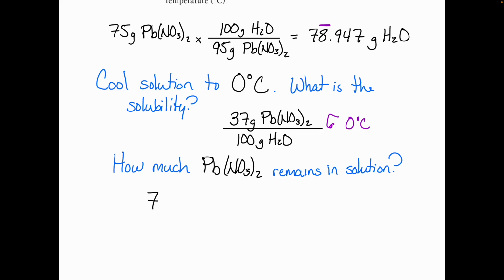So we're going to take that 78.947 with our sig fig marked grams of H2O, and we're going to use our new conversion factor here. Do I keep it as is or do I flip it? No, keep it as is, so that my 100 grams of water cancel out.